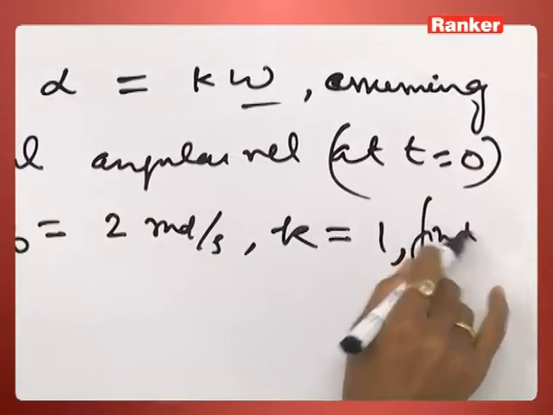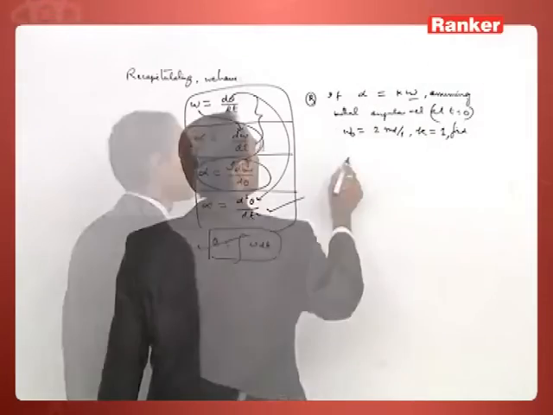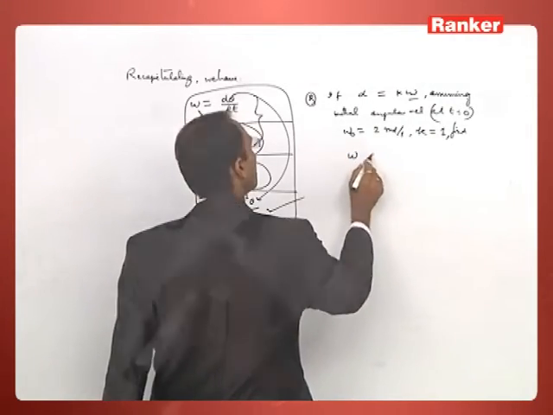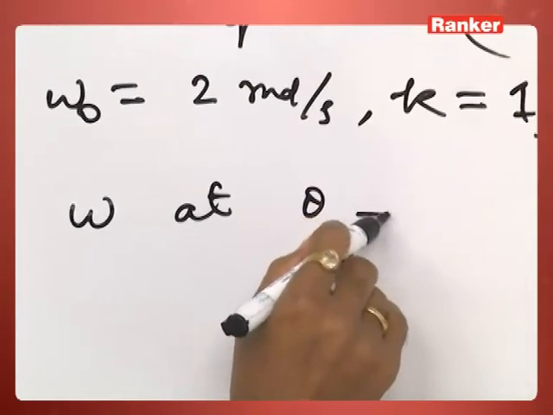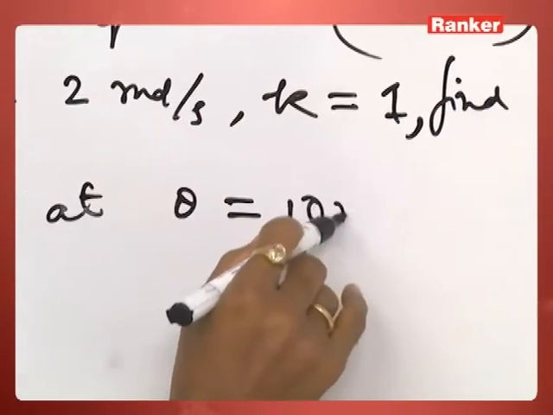Find omega at theta is equal to 10 radian.